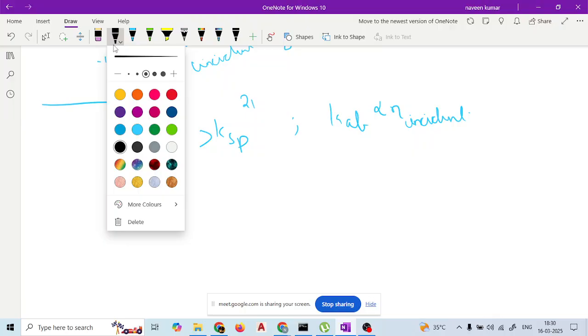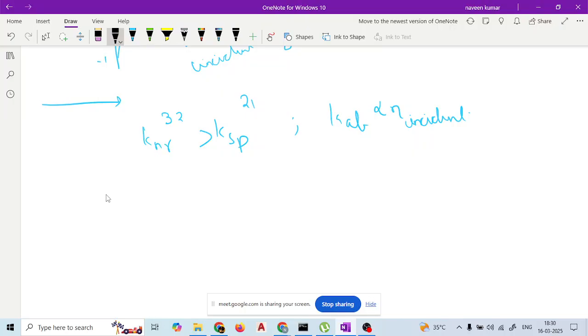But the bottom line of what we are discussing is this. By choosing a particular medium, which is where the laser can either penetrate or pass in a specific way, we can make sure that delta n remains positive.